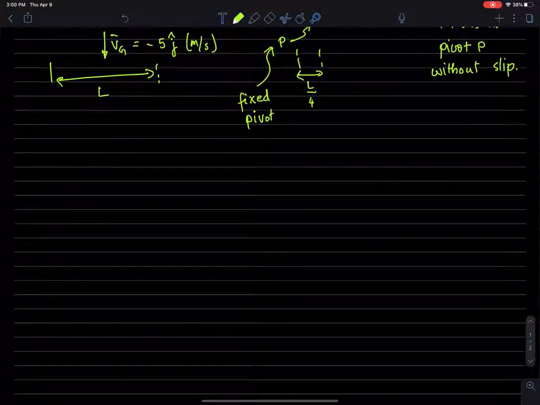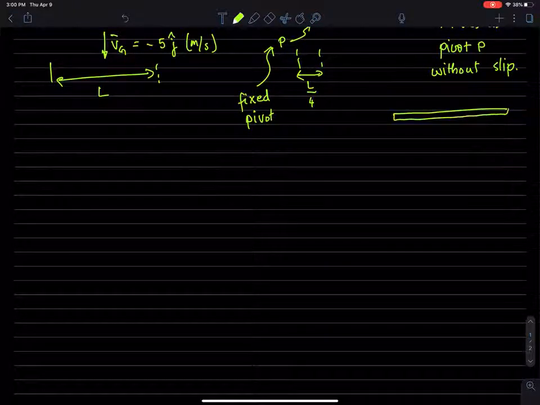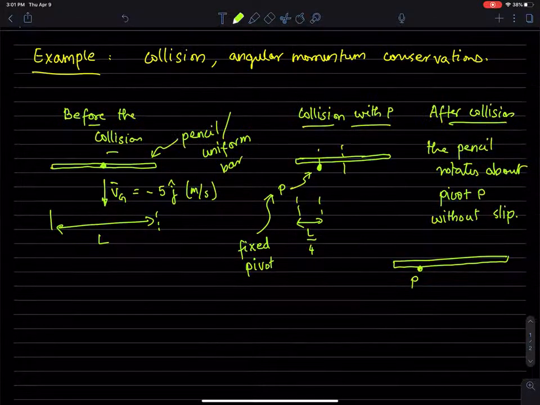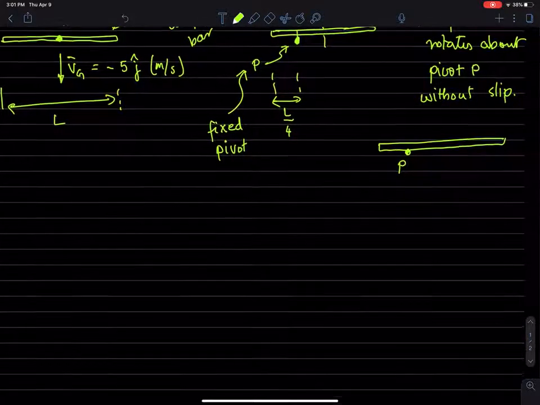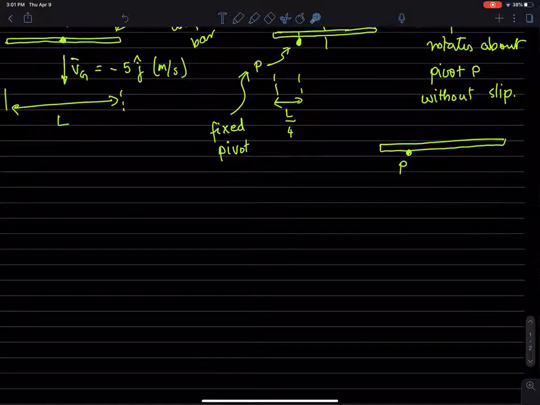Let's give the post-collision velocity state some notation. So we have some point P. So we are imagining it's a thin pencil, so it's got no width. Even though I've drawn it with some width here, the point P, you can imagine it to be at the center of this bar or something like that.